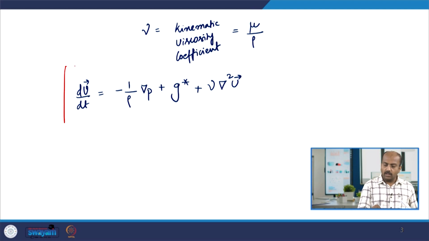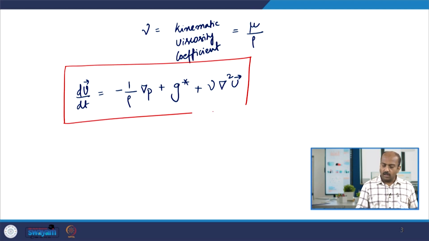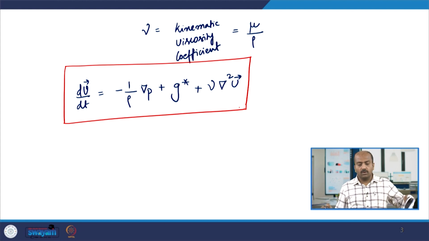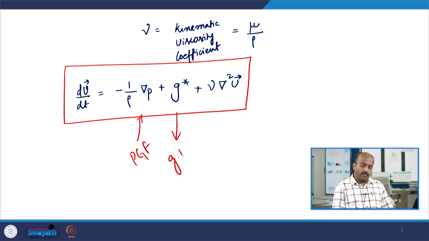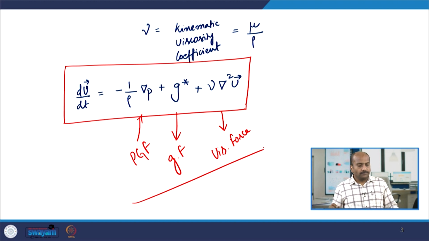I am writing this per unit mass. So, this is the equation of motion as long as you are talking about the inertial forces, the rate at which the acceleration per unit mass is going to be written. So, what is this? This is the pressure gradient force, this is the gravity force, and this is the viscous force, right.